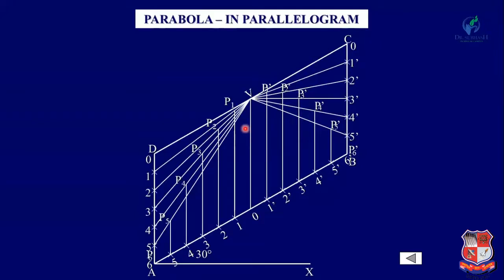Now join all these points from P1 to P6 and P1 dash to P6 dash by a smooth curve. So this curve is our parabola, and this method is known as the parallelogram method.